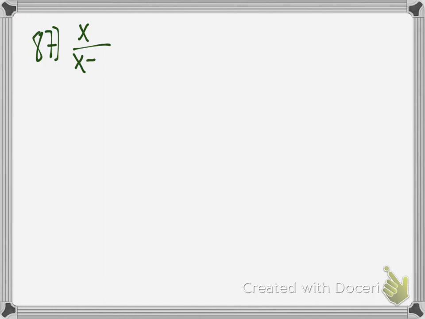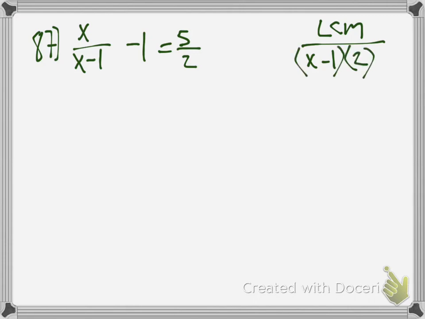So here, how do I solve? Well, we find the least common multiple, and you will get a question that says, what is the least common multiple? In this one, it's just x minus 1 and 2. Okay, so if I multiply the first one by x minus 1, or multiply by the least common multiple, that would get rid of the x minus 1, and I'd have 2 times x, which is 2x. There's nothing to get rid of in the second one, so that means I would multiply. Negative 1 times 2 is negative 2.